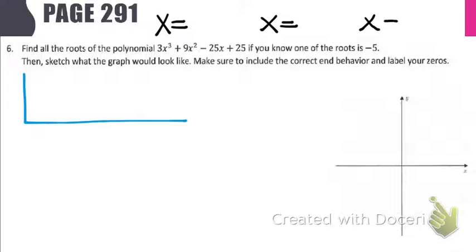They told me 1, which was -5, and I need to find the other 2. Put your -5 on the outside and list your 4 numbers. So 3, 9, -25, and +25.